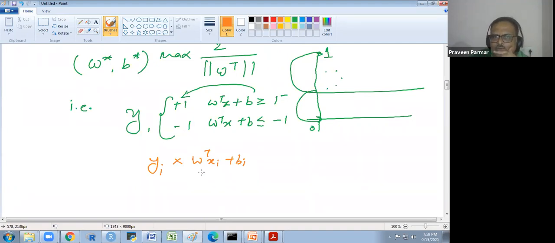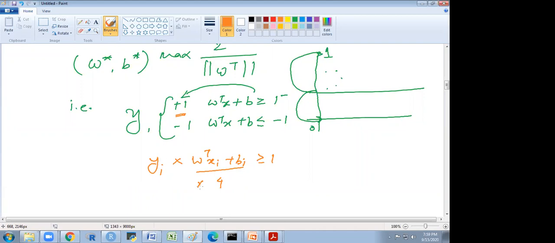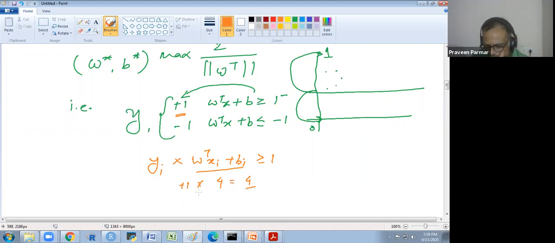Suppose you have this one positive, then this one is also positive, +1. Suppose you are getting 4, which is greater than 1.